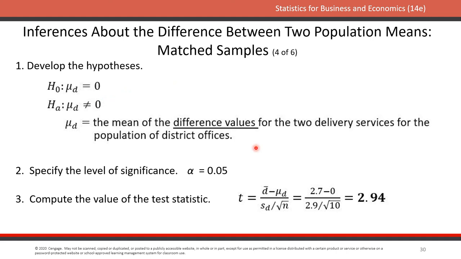In this case, I'm going to use alpha equals 0.05 level of significance. Again, pretty typical. And then I'm going to do my typical one sample test. So I've got the point estimate minus the null hypothesized value divided by the standard error, which is the standard deviation over the square root of n. So in this case, I've got 10.